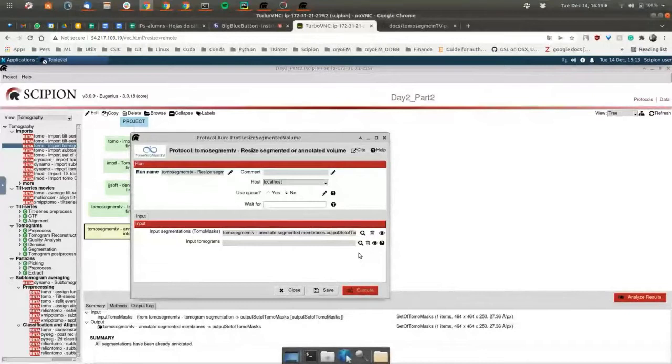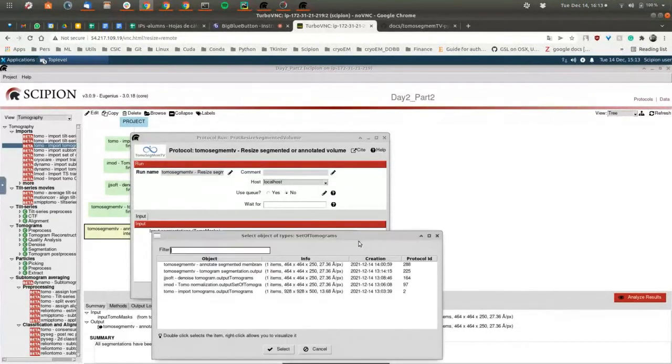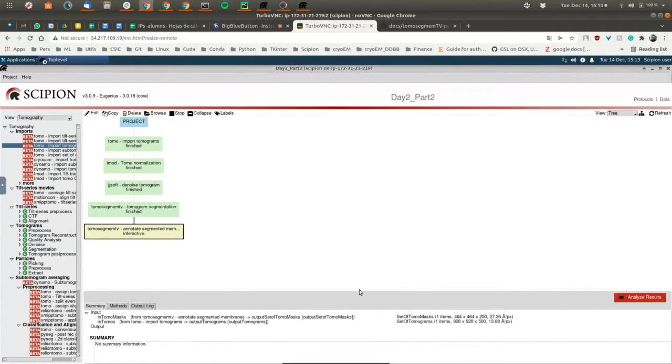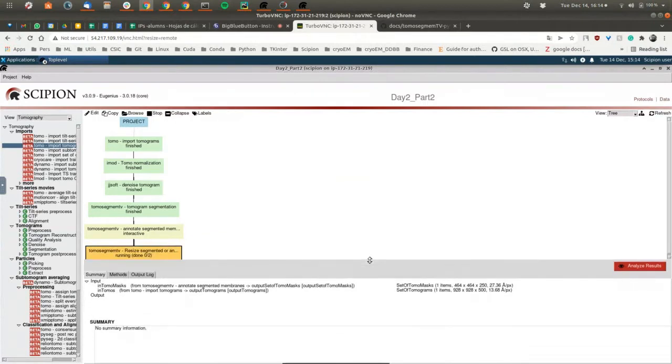So we have our tomograms, and it is very important that they are the original ones, the ones which were directly imported. And we execute, and with this operation, the masks will be resized and referred to the original tomograms instead of the denoised normalized tomograms.